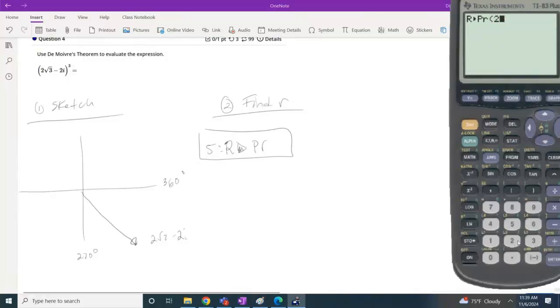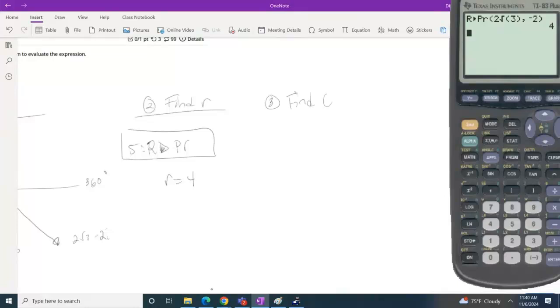I'm going to put in 2 times the square root of 3. Make sure you close off your square root, comma, -2. You have to keep your sign as well as your coefficient. And you get 4. So R is going to equal 4.